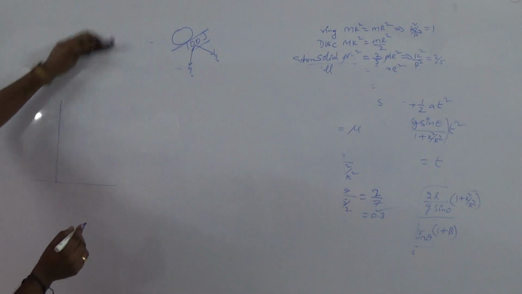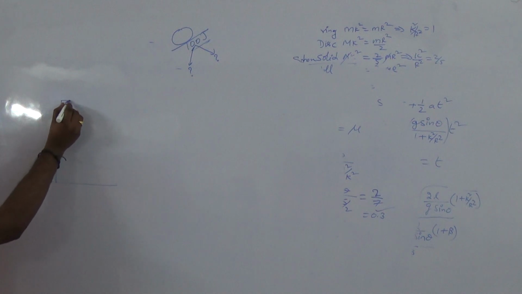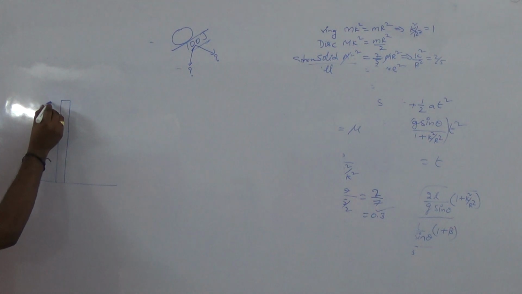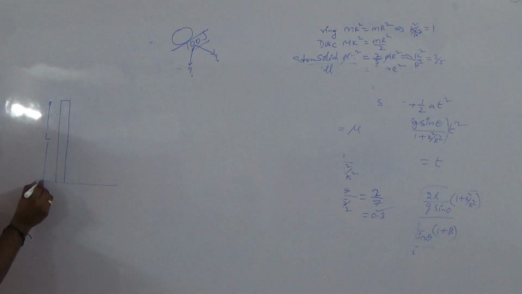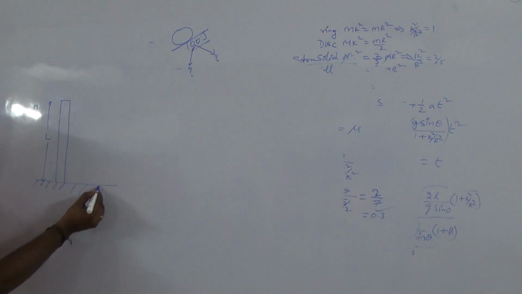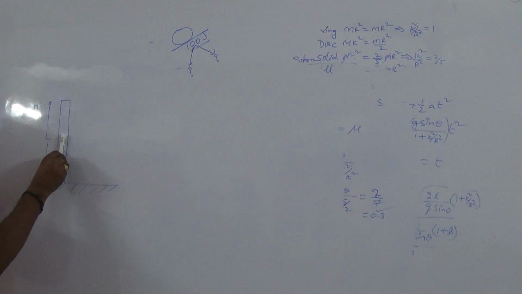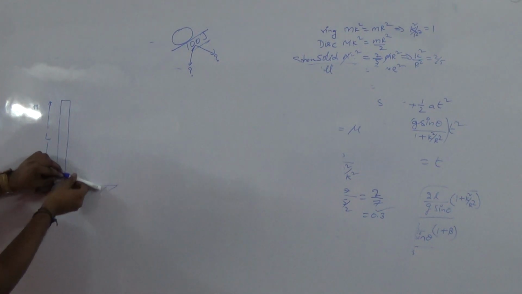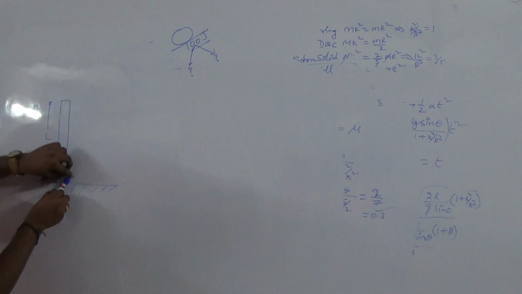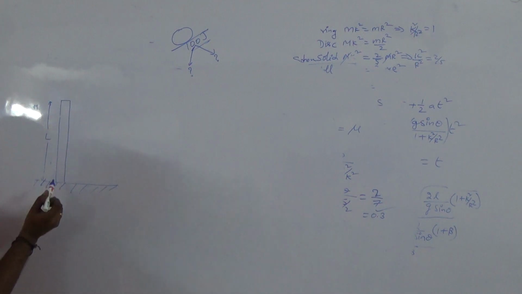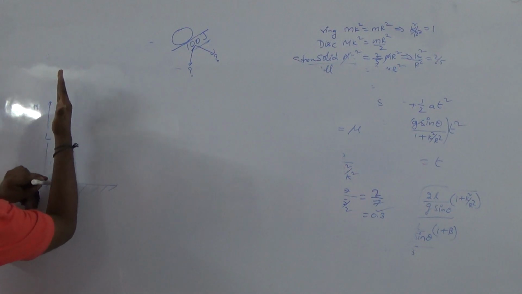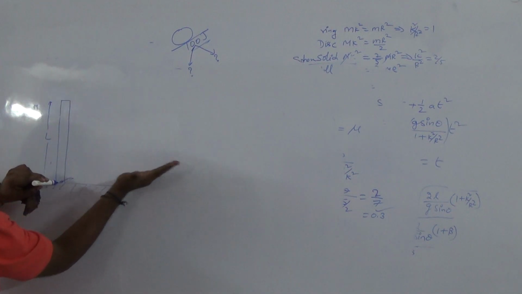A rod of length l and mass m is placed on the ground like that. When it is released, what happens? It falls down like that. So it is not rolling, it is rotatory motion with respect to this axis. The rod, when released, falls like that.